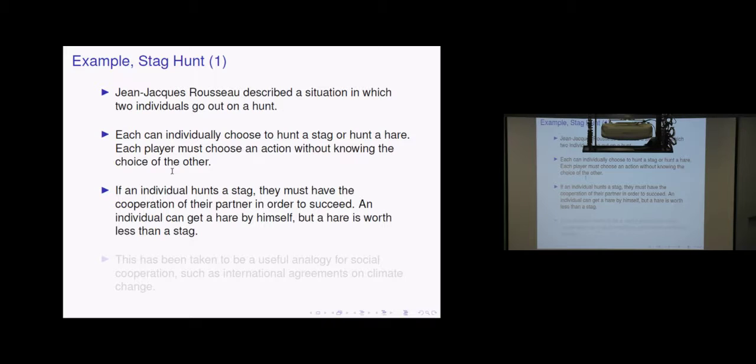But a hare, somehow, the reward is less. Okay? So that's the storyline. Although this is an artificial story, it is said that this is a useful analogy for social cooperation, such as international agreements on climate, whatever. So there are some applications.